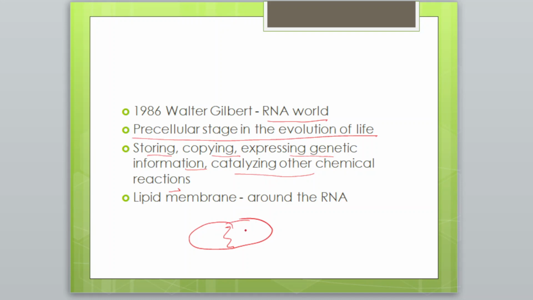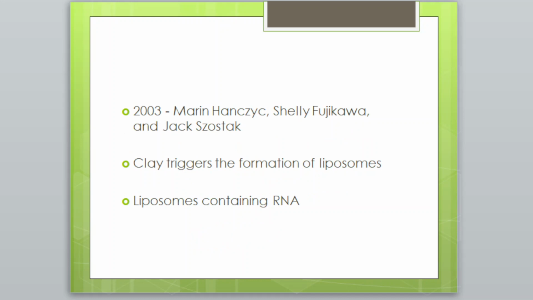Now, a fascinating experiment performed by Marin Hanks, Shelley Fujikawa, and Zach Zostek in 2003 showed that it is the clay that triggers the formation of liposomes that actually grow and divide.